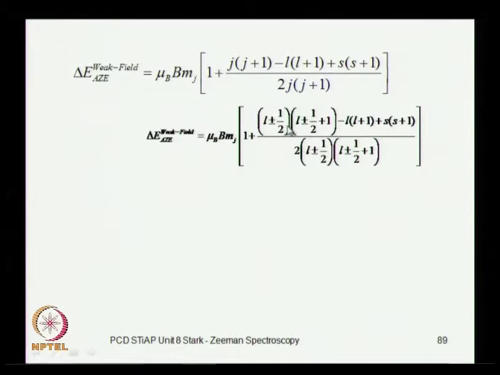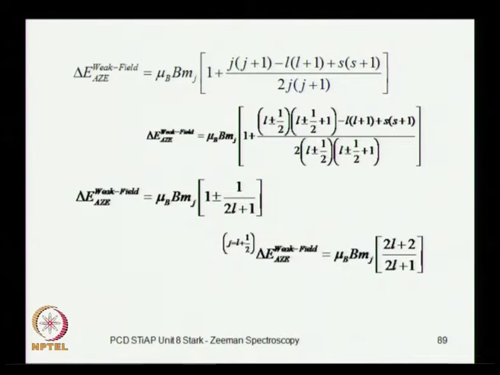for every j you put these two alternative values, and you find that the energy correction depends on whether j is L plus half or L minus half, and accordingly the correction is either 1 plus 1 over 2L plus 1 or 1 minus 1 over 2L plus 1. I have certainly used S equal to 1 half in getting this expression.